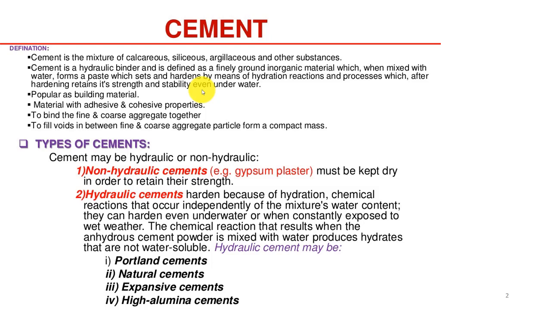While you see the average particle size of sand, it might be around 0.6 or 0.7 millimeters. If you talk about the average particle size of a coarse aggregate, it would be exponentially higher than these fillers and binders.